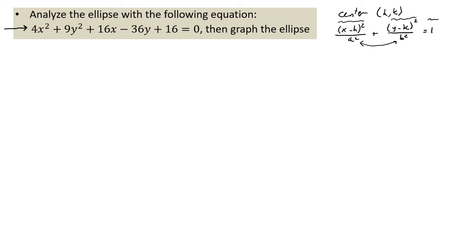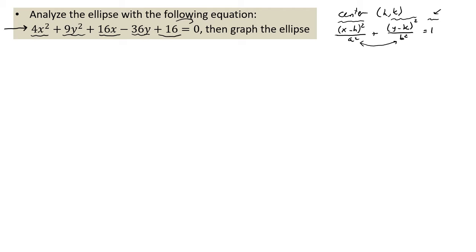So the first thing we're going to do is get all the terms that have x together in order to complete the square, and all the terms that have y together, and then all the numbers, the constants, we're going to put on the other side so we can eventually get a 1 on the right-hand side.